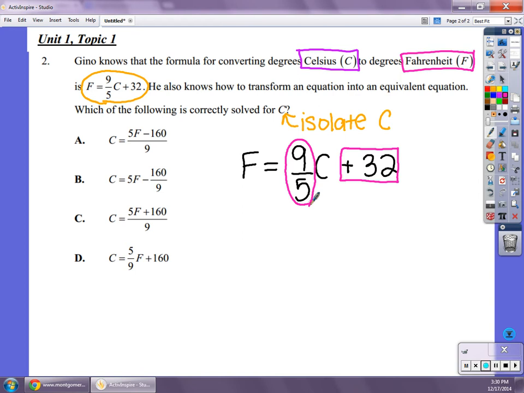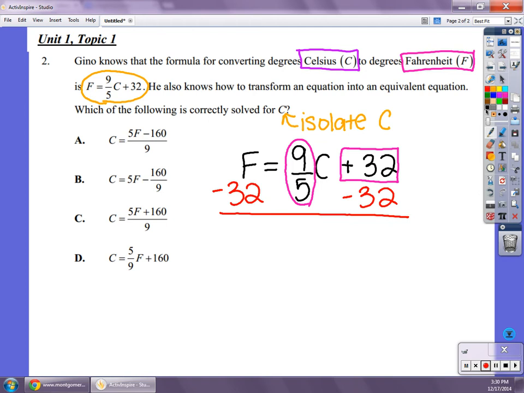So we're going to use the opposite of addition. We're going to use the subtraction property of equality in order to move that 32 to the other side of the equation. So notice I'm subtracting 32 from both sides. Just like in problem number 1, I have this expression on the left, F minus 32. And again, those are not like terms, so there's nothing we can do to simplify it.